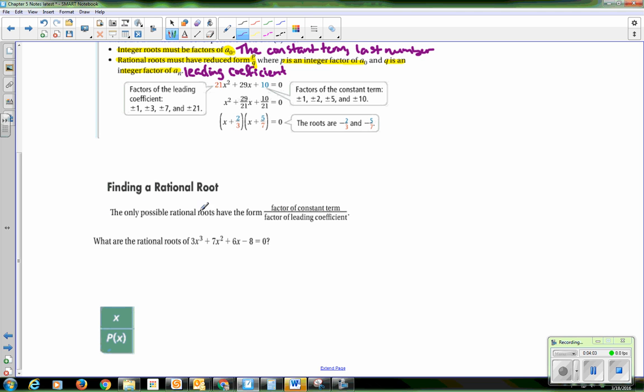When we're finding a rational root, the only possible rational roots have the form of a factor of our constant term, which in this case is -8, over a factor of our leading term, which here is 3. So we're going to list all of our factors of -8.